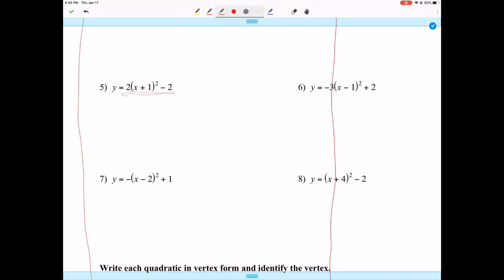having it in vertex form, and switching it to standard form, and then standard form to intercept form. You won't really have that on the test, but if you needed to have it in intercept form, I would graph it, find your x-intercepts, and you would plug those in, something like y equals a, x minus p and x minus q.